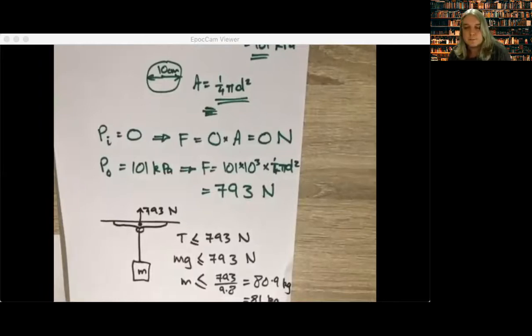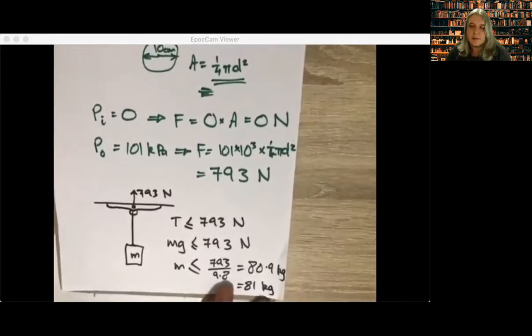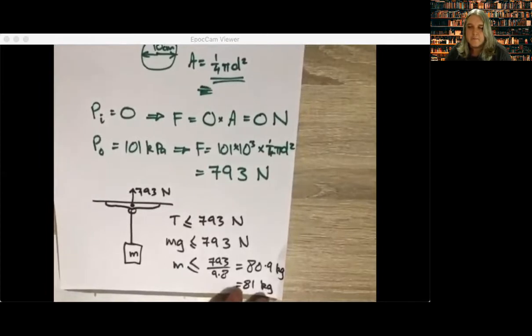If the string itself isn't perfect, then that can affect it. So there's all these different factors. This equation is an ideal one. So in reality, a 10 centimeter suction cup would never get up to 80 kilograms, but it gives you an indication of the sorts of masses that we can hang on these sorts of things.